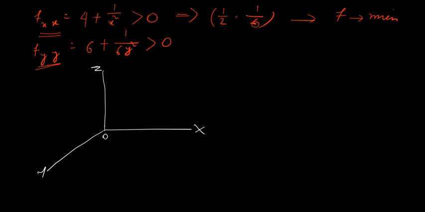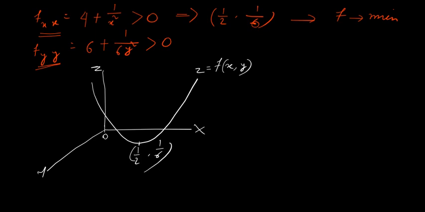Suppose this is the function f(x, y), that is, z equals f(x, y). This point (1/2, 1/6) is the minimum point. That means this point will be here, at (1/2, 1/6), because it's a minimum point.